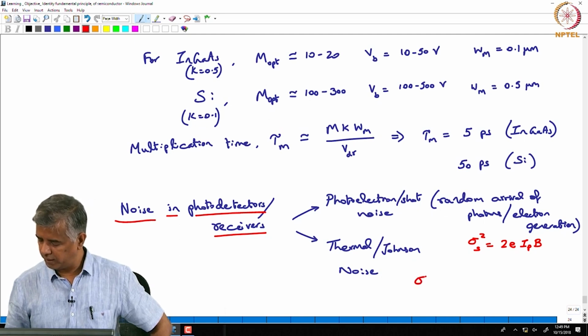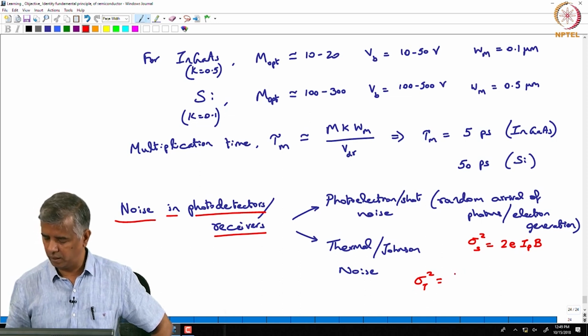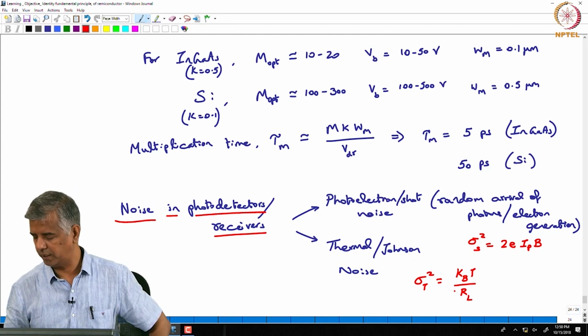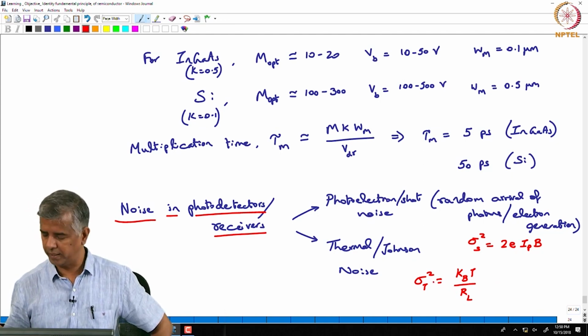Whereas, if you look at the thermal noise component, that is once again white noise, corresponding to the thermal energy kBT over the resistance R L through which the current is passing.